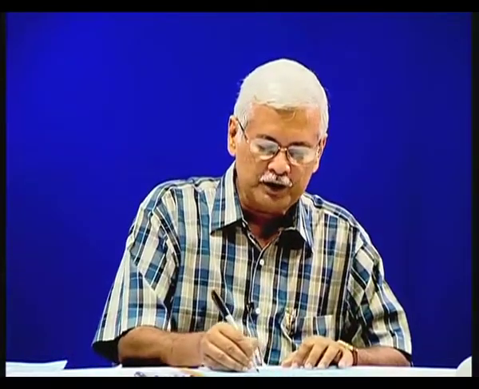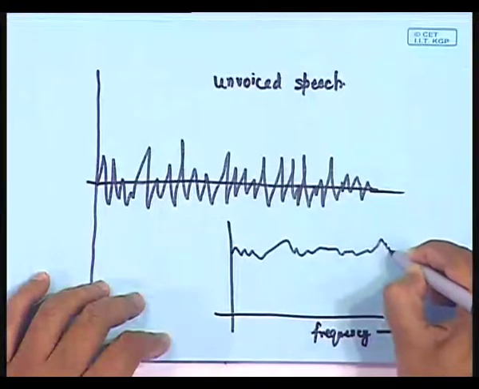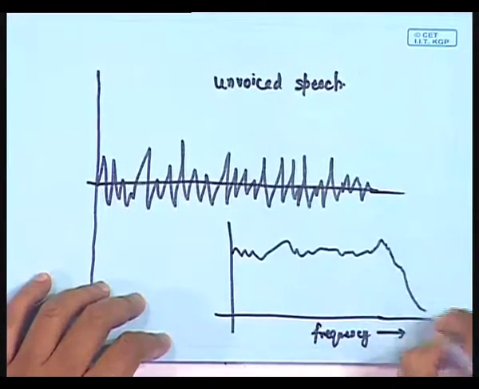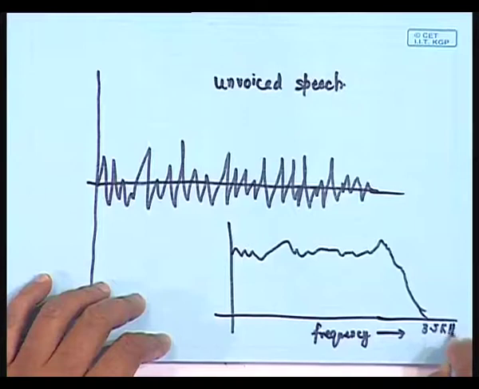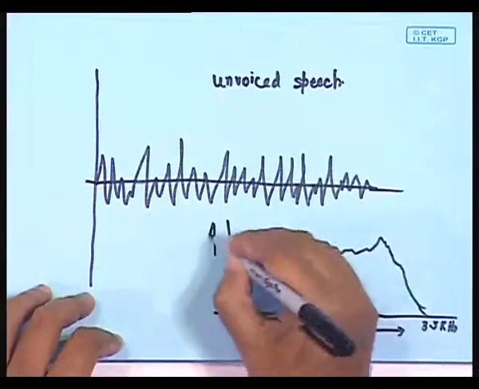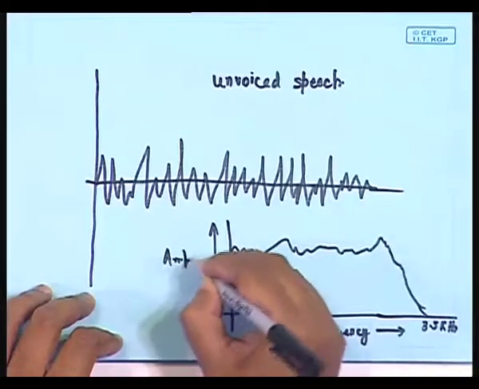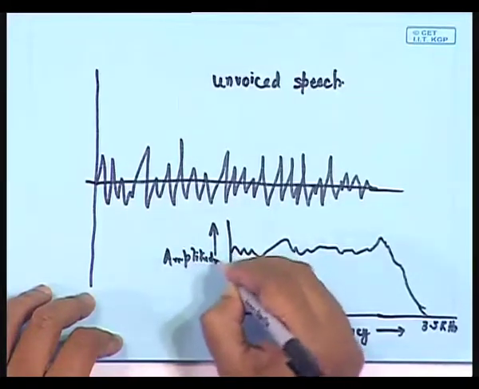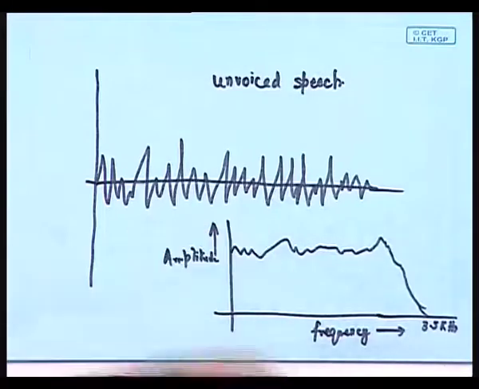It is just a result of the constrictions which produce noise like disturbances. So, because it is noise like, you will observe more of a flat spectrum. There will be some variations, but it is a flat spectrum something like this, say up to 3.5 kilohertz, and no such definite peaks would be observed.